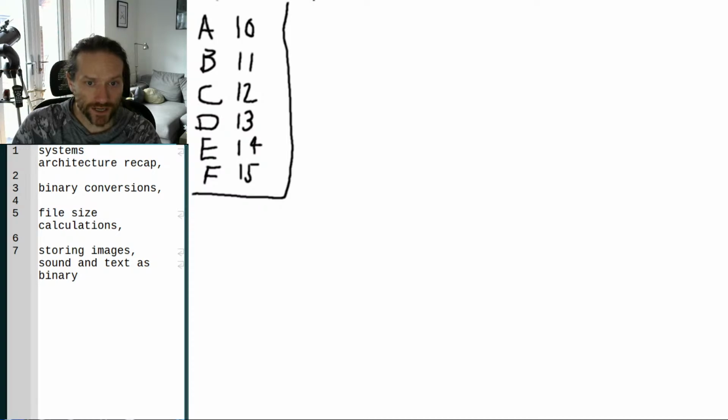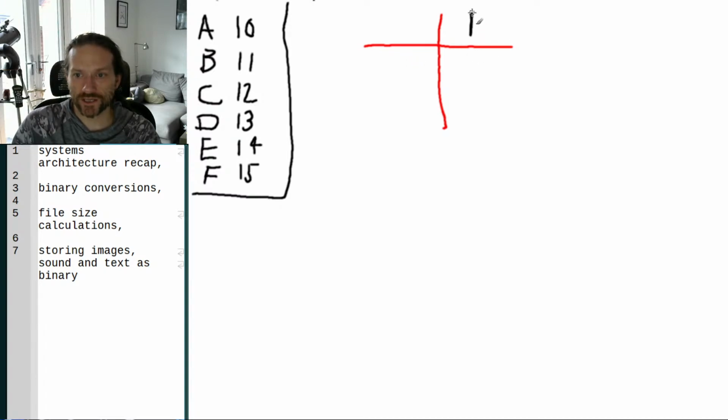So if I draw my little table again, instead of 8 columns, we've got 2 columns. This column represents the 1s. This column represents the 16s.